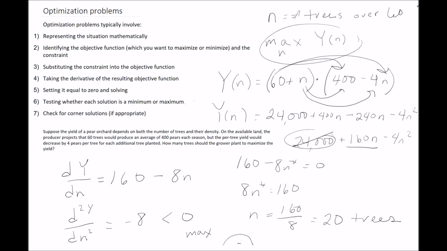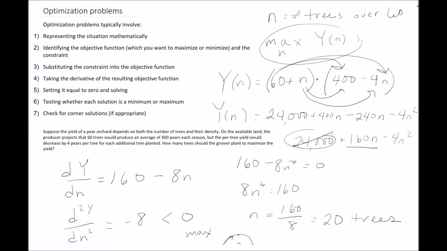Which I know basically because the concavity of the function from that second derivative is negative, which means that on the region to the left, less than 20 trees, the value of the objective function is increasing, and so the corner solution would be the correct one.